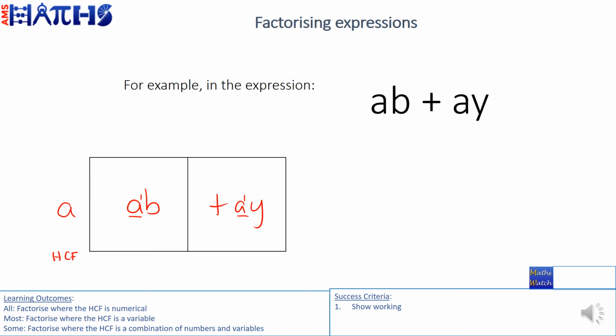We don't need to write the power of 1. Then what we need to do is find the 2 terms which will multiply to give ab and ay. And for this box, it will be a times b, which gives us ab, and a times a positive y, which will give us ay. And so for our factorized answer, it's going to be a open bracket b plus y.